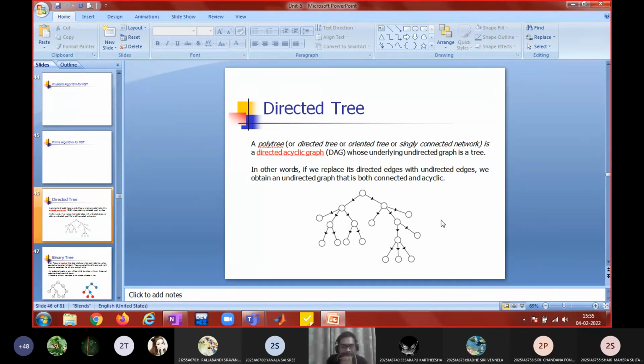Is it okay? In a directed graph, ignore the directions, then that becomes an undirected graph. If that undirected graph is a tree, then the graph is said to be a directed tree. That's it. Is that clear? What do you mean by tree? Connected and acyclic.